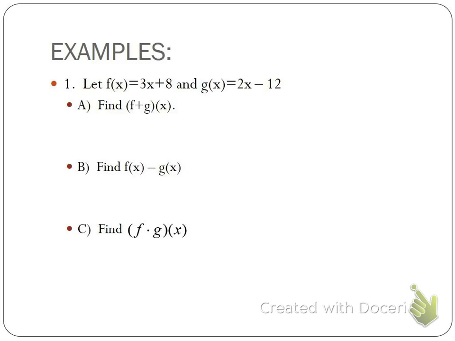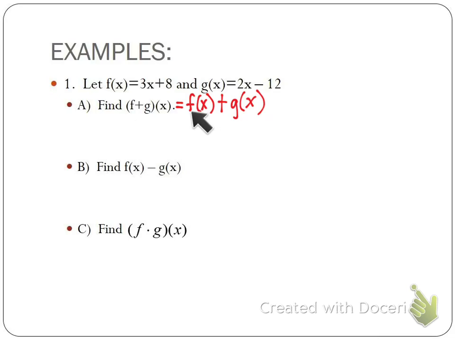All right, so for our examples at the top, we've got our functions defined. F of x is equal to 3x plus 8. G of x is equal to 2x minus 12. Is that printed on your paper for you? Wonderful. Okay, so we need to find f plus g of x. So we are doing what operation? Addition. So you should have just put in your notes that this is the same as taking f of x plus g of x.